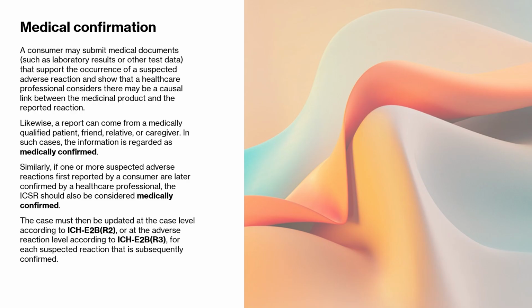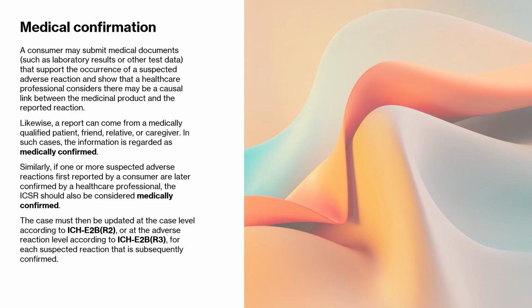So, for example, if we have a consumer who first reports a suspected side effect and it is later confirmed by a healthcare professional, then that kind of ICSR is supposed to be treated as a medically confirmed one. So the case can be updated at various levels, at the case level, at the reaction levels, and for any kind of suspected reactions that get confirmed.